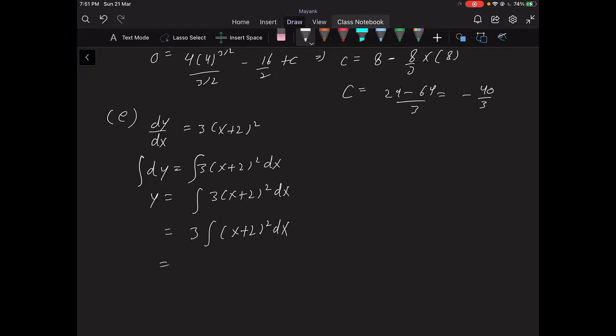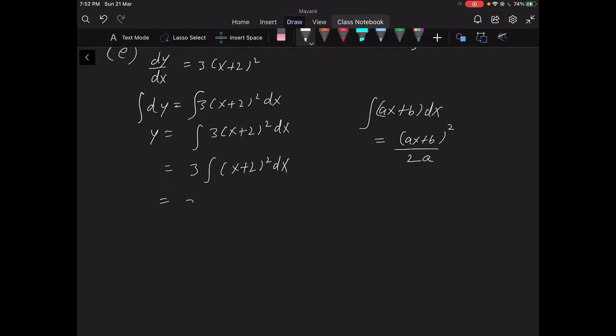This is of the form of integral of ax plus b dx, which will give you ax plus b whole cube by 3, and then a comes out. Here a is 1. So this will simply become x plus 2 whole cube by 3 plus c.